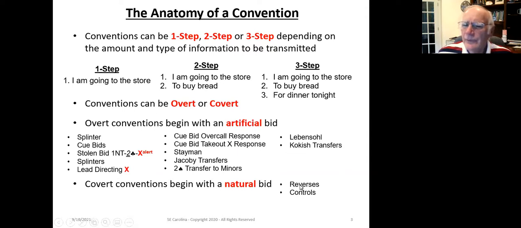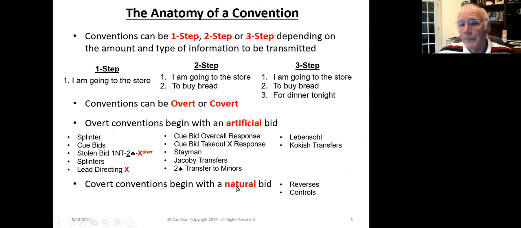Reverses is the most common, and they're opener reverses, responder reverses, overcaller reverses, advancer reverses, and all of them add significant capabilities to the beginning system. They're assumed if you're playing standard American, and you should actually learn about reverses before you start playing and adding conventions.